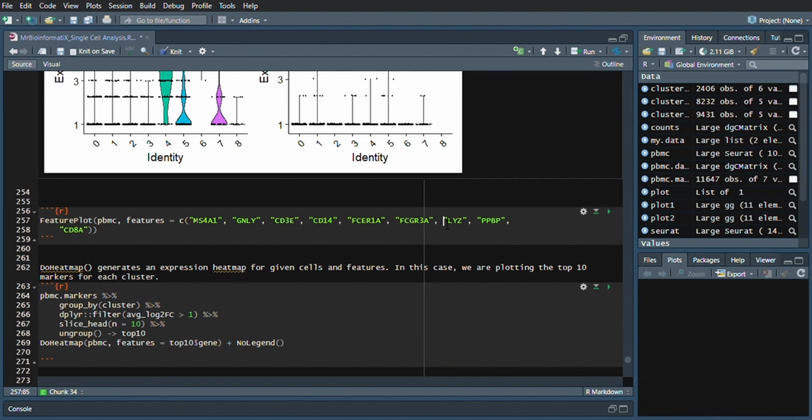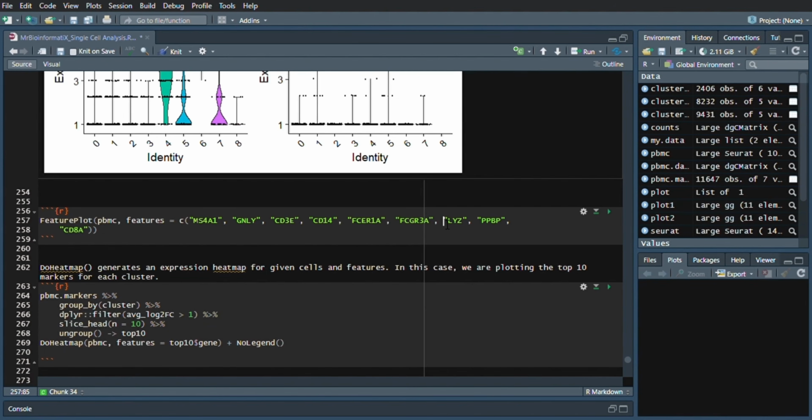And now FeaturePlot. FeaturePlot is used to visualize the expression of specific genes. FeaturePlot can display multiple genes at once. This is particularly useful when we want to compare the expression patterns of different genes side by side. By visualizing multiple genes, we can uncover relationships and co-expression patterns that might not be obvious from numerical data alone.